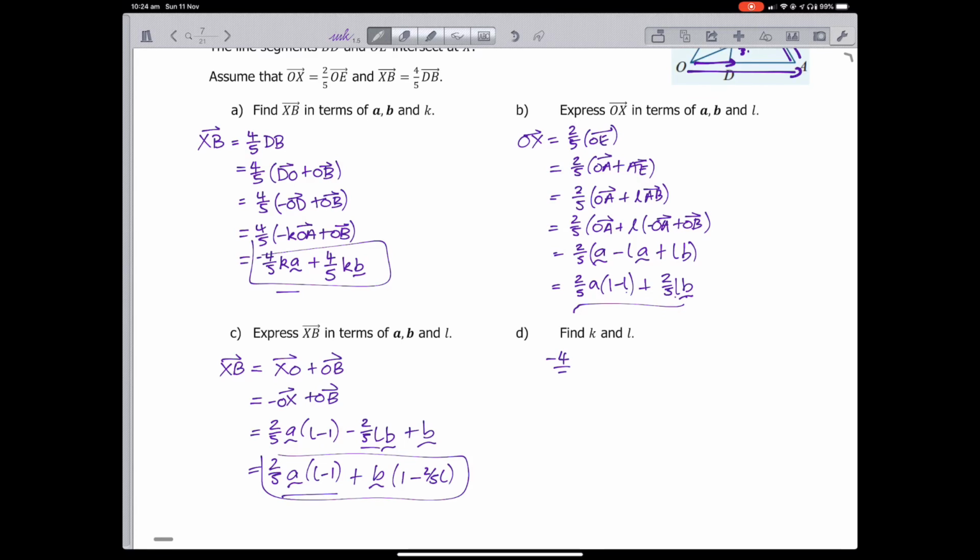So negative 4/5 K is equal to 2/5 L minus 1, and 4/5 K is equal to 1 minus 2 on 5 L. So if we add them together, they will disappear. I've got 2/5 L.